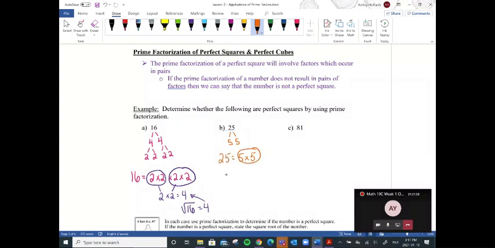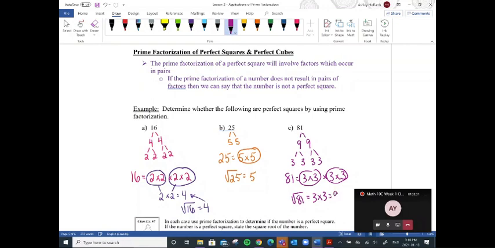So one perfect pair, which means the square root of 25 would be equal to 5. 81, break it down to 9 times 9, and then each 9 can be broken down to 3 times 3, which would give us 2 perfect pairs. So if I was to take the square root of 81, it would be equal to 3 times another 3, which would be 9.